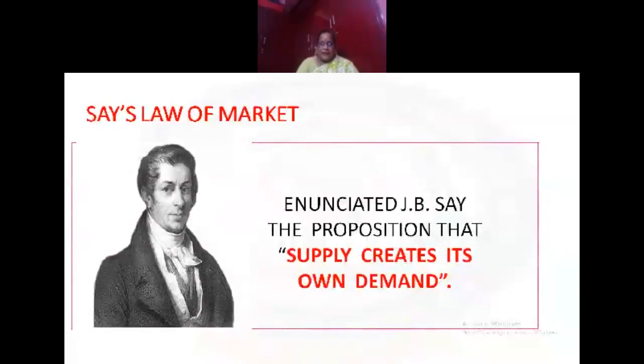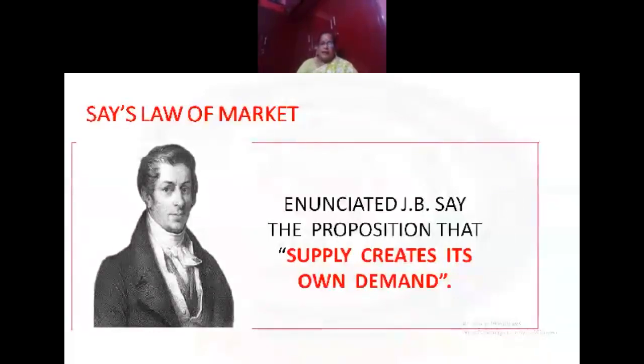Therefore, each product produced in the economy creates demand equal to its value in the market. That is, he says that supply creates its own demand.